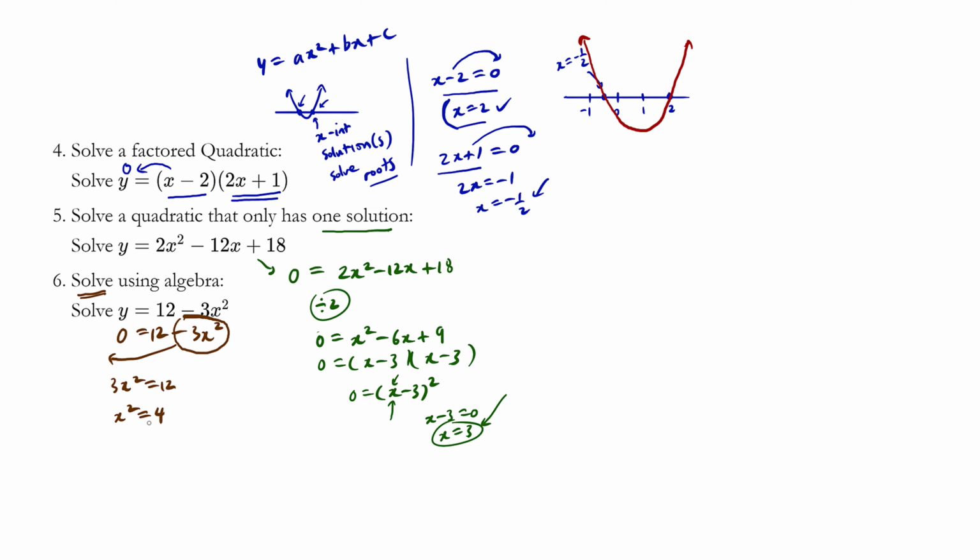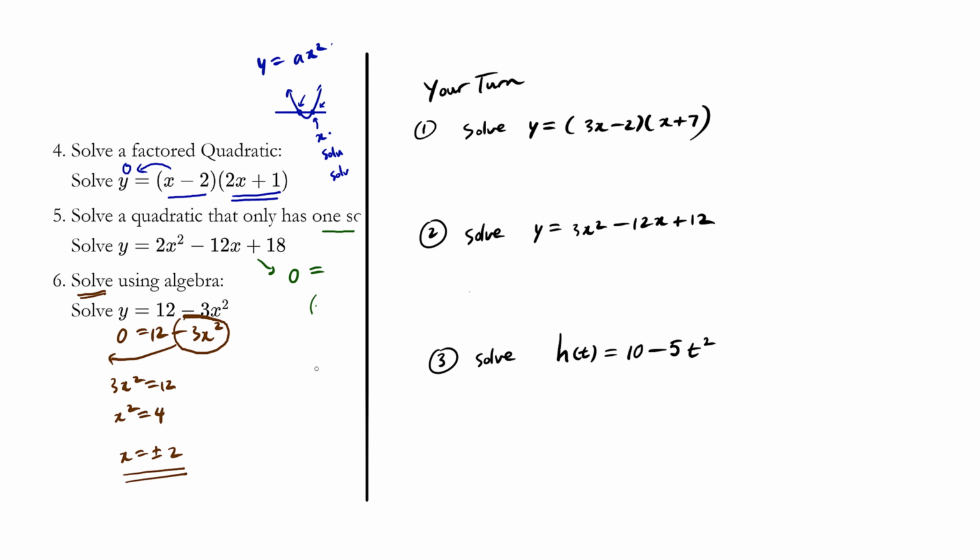And we're going to take the square root of both sides. Now remember, when you take the square root of something squared and it's a variable, you need to take the plus minus answer. So the square root of 4 is 2, but you need to take the plus minus square root of both sides, which is going to be plus minus 2. And now it's your turn.